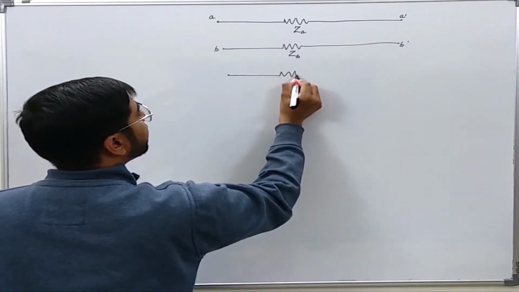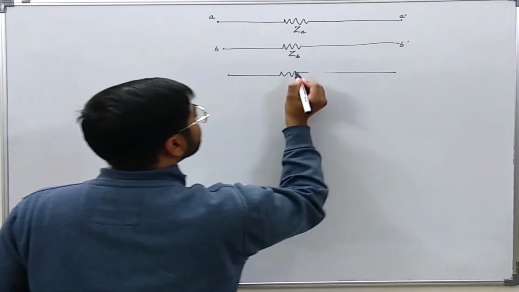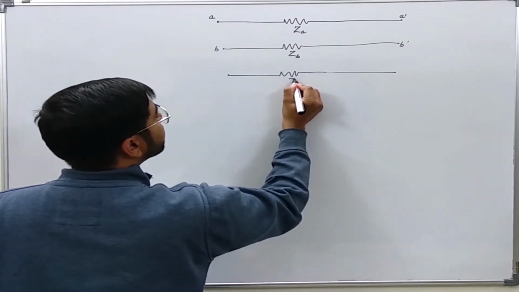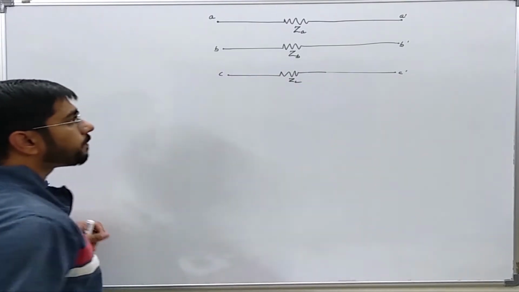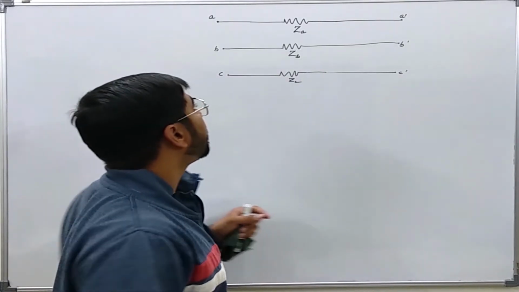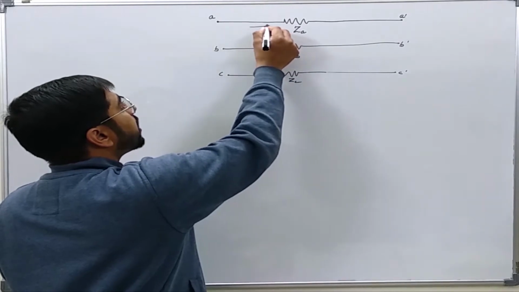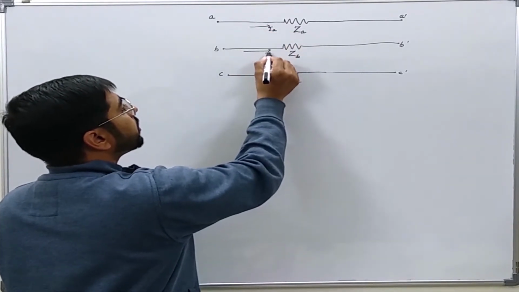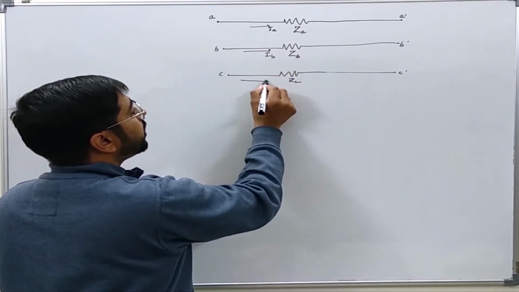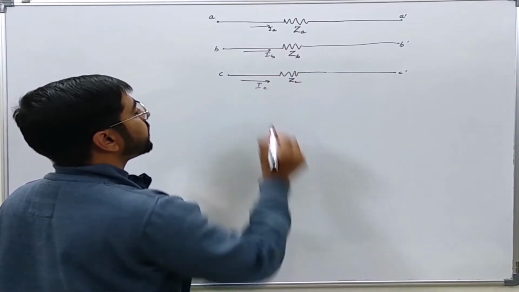Another load in phase C is ZC, C dash. Now, let us say the current is IA, the line current in phase A. The line current here is IB and in phase C it is IC.